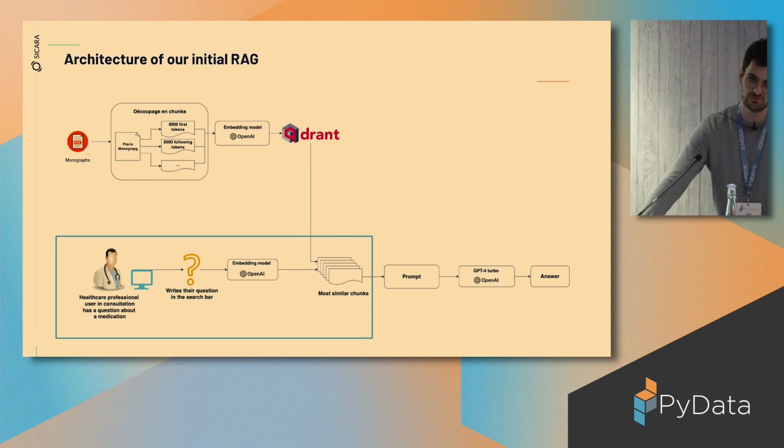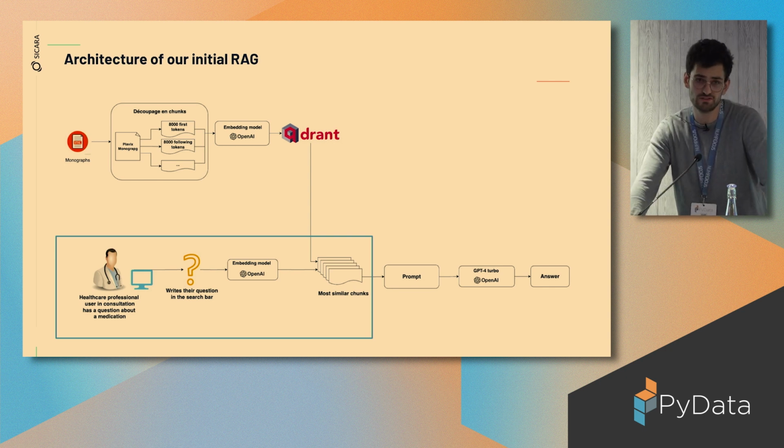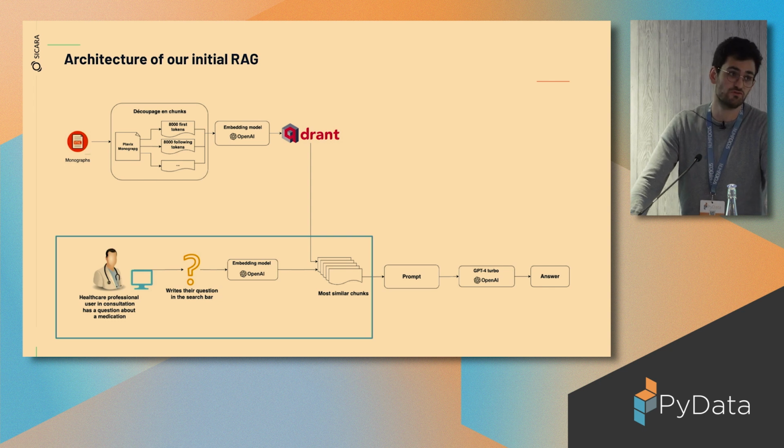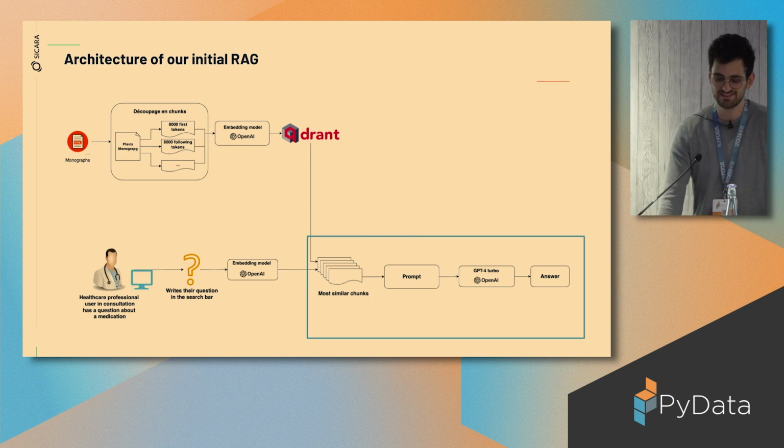We put this in a prompt, saying, all right, given all these documents, answer this question, and say you don't know if you don't find any relevant information in these documents, which basically mitigates the hallucinations. And finally, we get our answer.